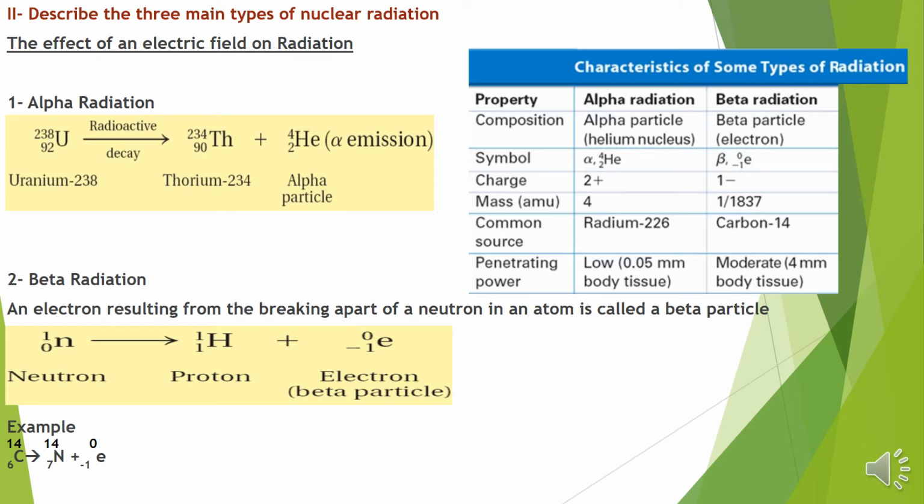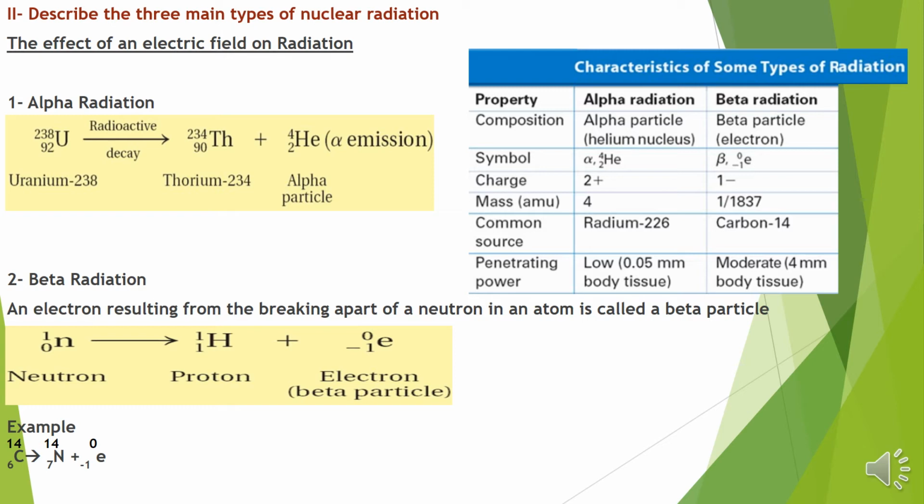Look again at the table. On the right side, the composition of the beta radiation is exactly like an electron. It is represented as beta, and its symbol is e -1 0. The charge is 1 minus.